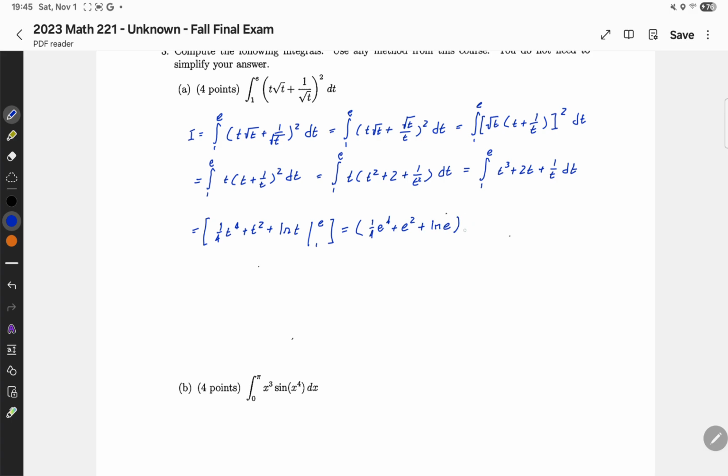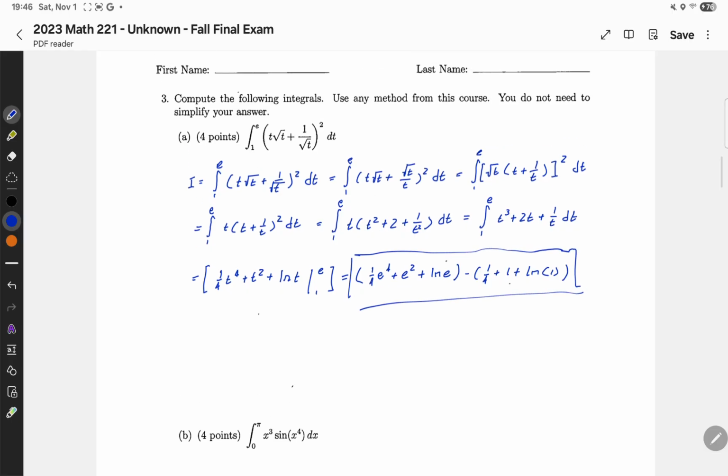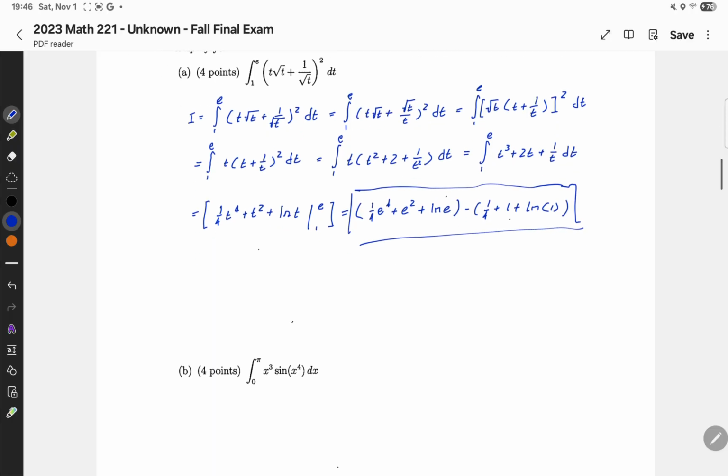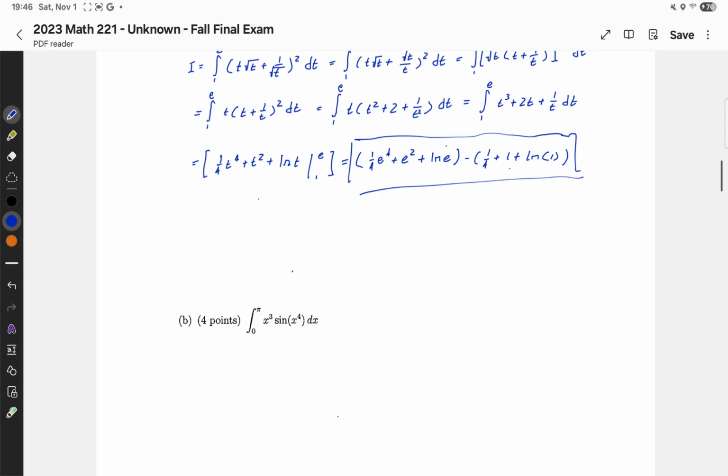And now what we can do is we can subtract 1/4 plus 1 plus natural log of 1. And now, if this was on my test, this is where I would box it. Because we don't need to simplify, you should just stop as soon as you have all the values, just in case you make an arithmetic mistake.